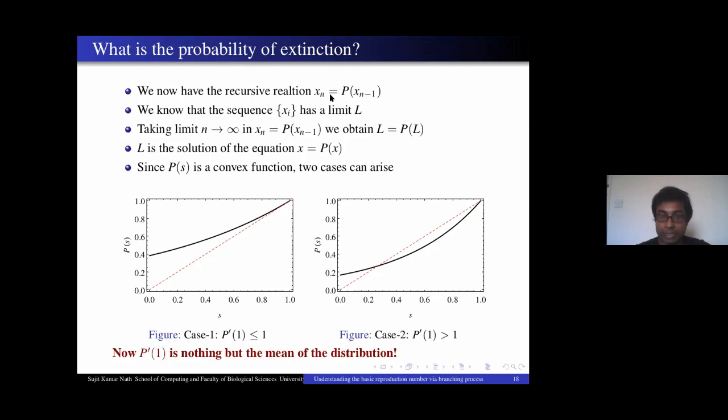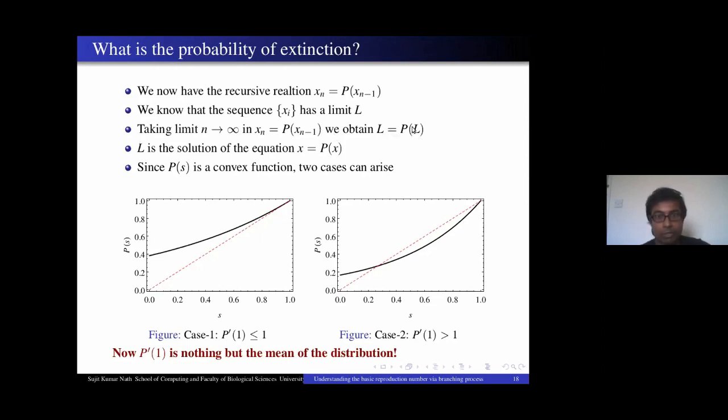And we know that this sequence x_i has a limit. So let's take n tends to infinity on both sides. On the left you will get L, on the right you will get P(L), because P is a continuous function, so you can take the limit inside the argument. So L equals P(L) you will get.